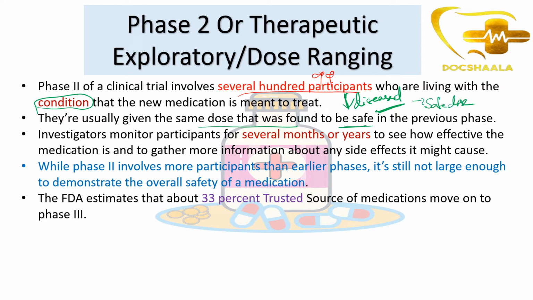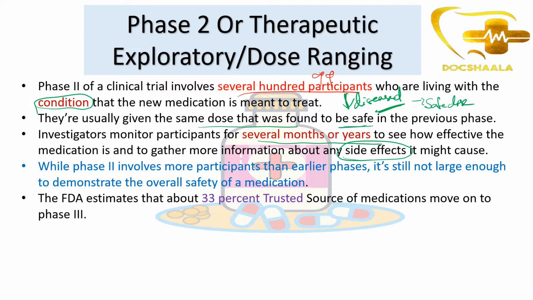This is done for several months or years to see how effective the medication is, and also to gather information about any other side effects it might cause. In the previous phase, we examined the side effects on normal people, but now we are going to examine the side effects on diseased people, with the disease we are going to treat.